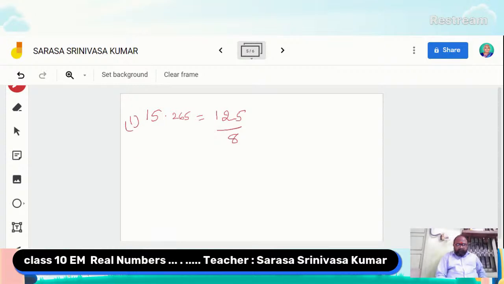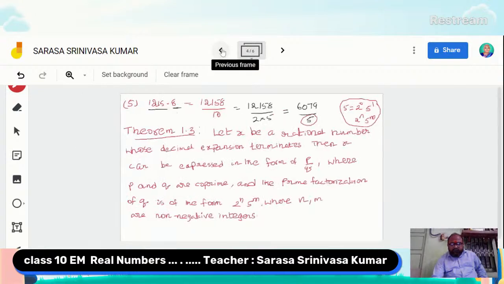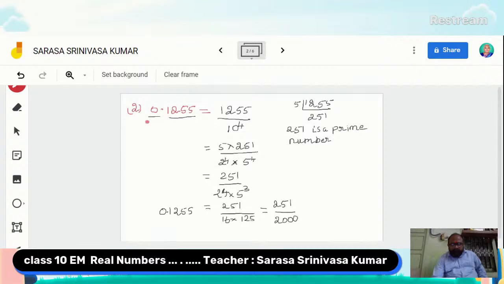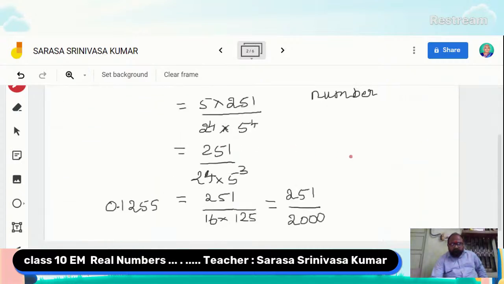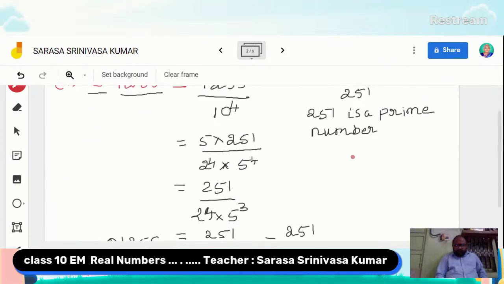And the second problem is 0.1255, equal to 251 by 2 power 4 multiplied by 5 power 3.